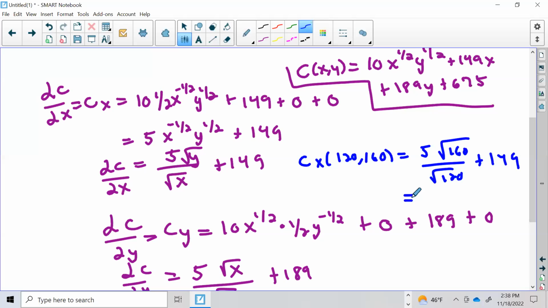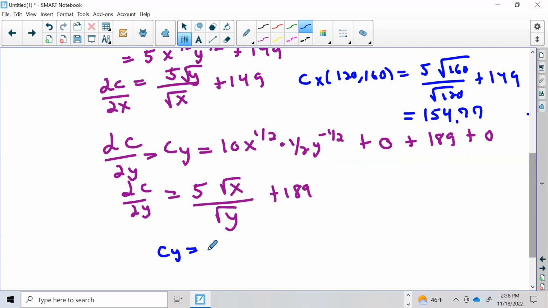And then we'll usually get these as a decimal, so we'll type this in our calculator. And because it's cost, we're going to do 2 decimal places. So 154.77.